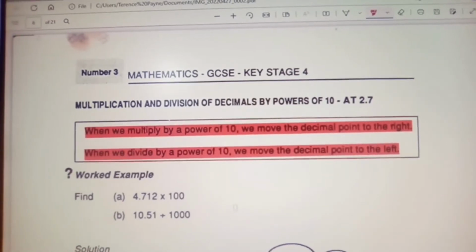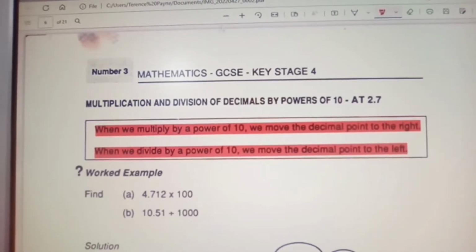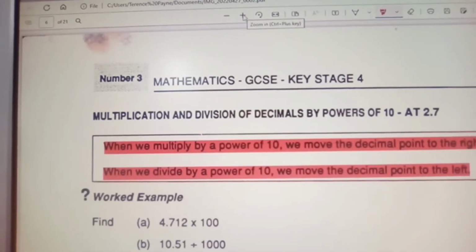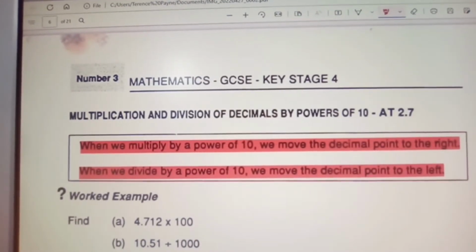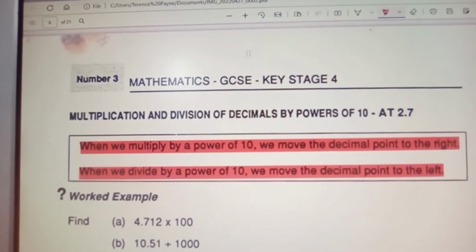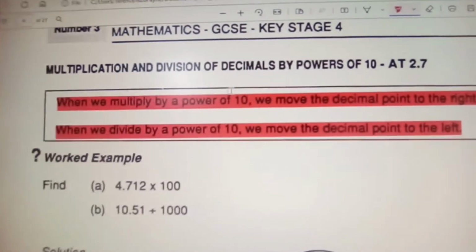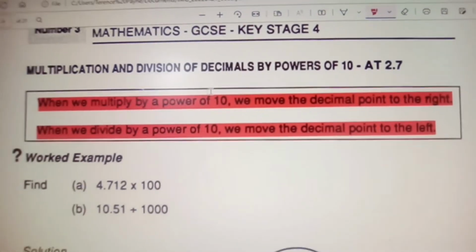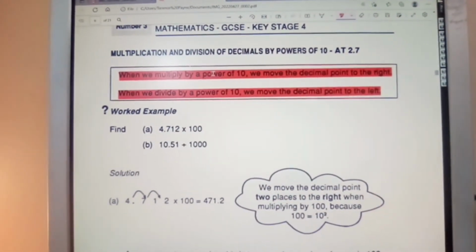Let's give ourselves a little bit of space as well, magnification space, so that we can see everything that we are doing. Okay, let's go back a bit.